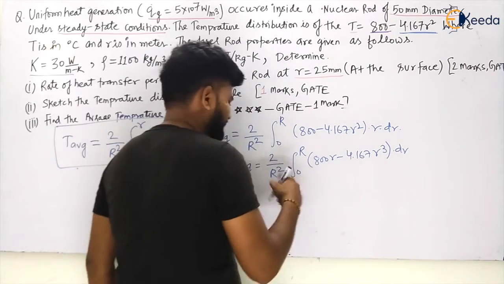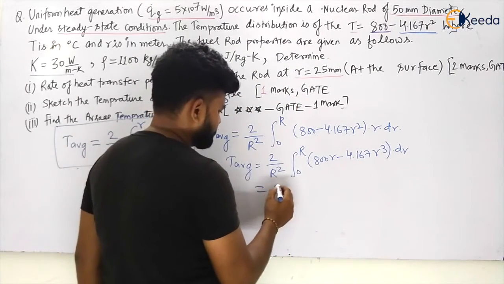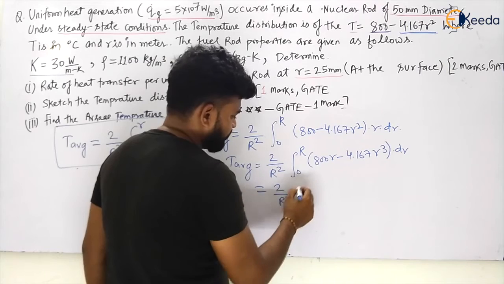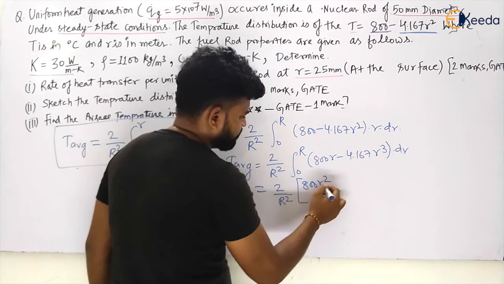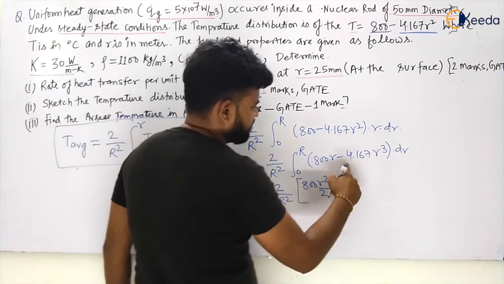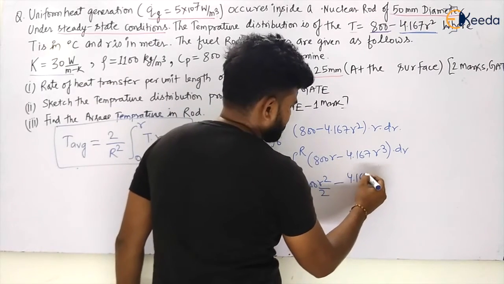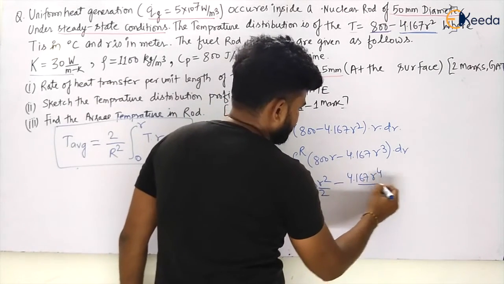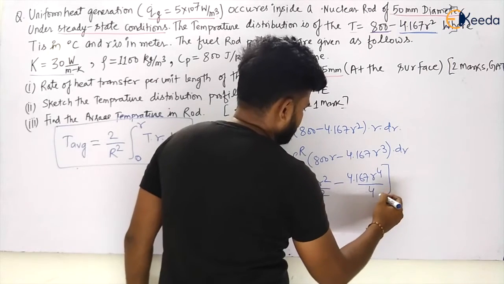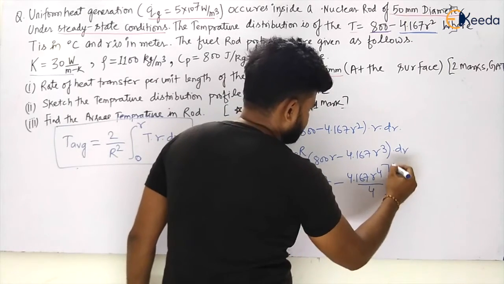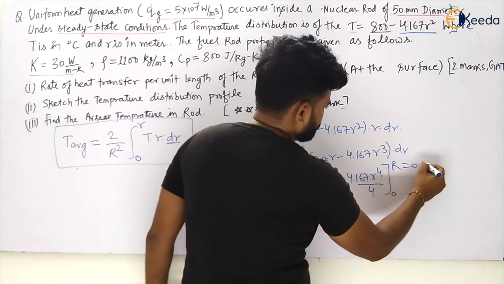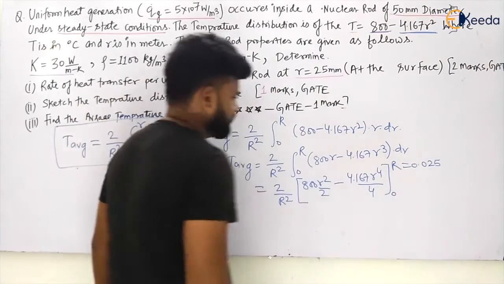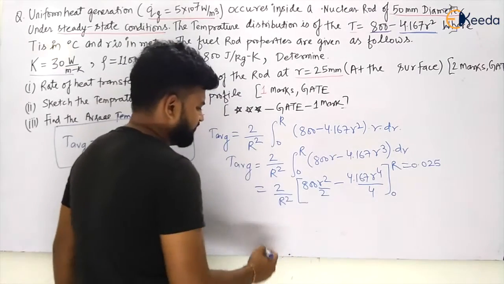Integrating with respect to R, I will have 2 by R square times 800 R square by 2, minus 4.167 R to the power 4 by 4, from 0 to R, where R is equal to 0.025.